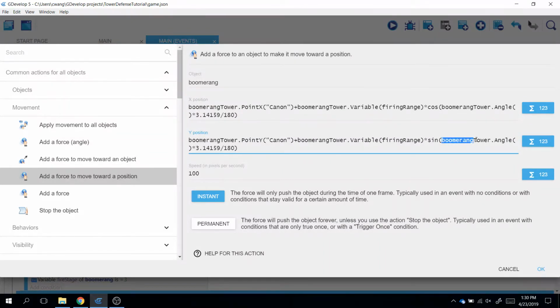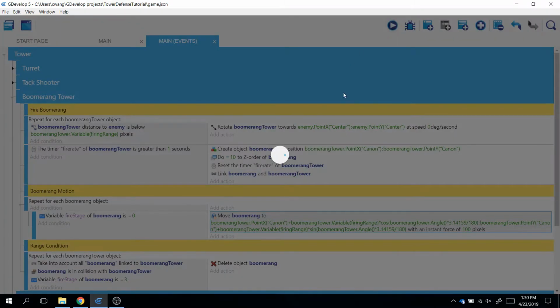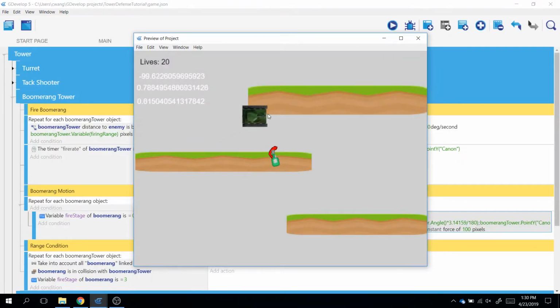So I'm going to get the angle, BoomerangTower.angle, multiply that by 3.14159 divided by 180 to convert it to radians, take the sine of all of that to get a number between -1 and 1, and then multiply that by the firing range. Alright, let's see how it goes. Awesome. My boomerangs seem to be tracking pretty well. Yep.